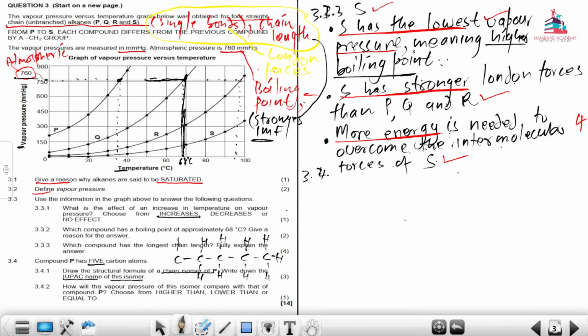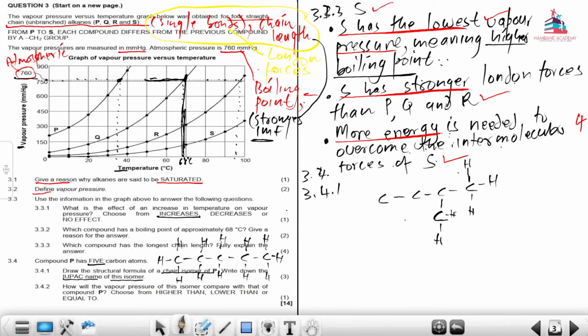Then what can I do? I must just try to make the chain shorter. The first thing I'm going to do is create a long chain of 1, 2, 3, 4, and then my carbon number 5 will be this one here. Then I can add hydrogen here, hydrogen there.